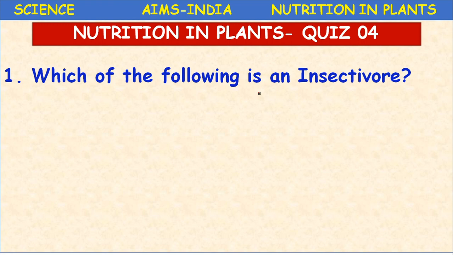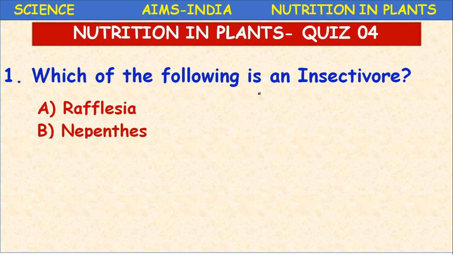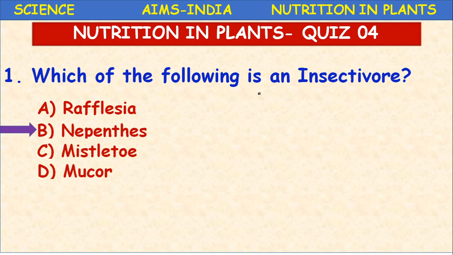Which of the following is an insectivore? Rafflesia, Nepenthes, Mistletoe, Mucor. See, here different options are given. You have to select the option which is an insectivore. What is your answer? Yes, Nepenthes.